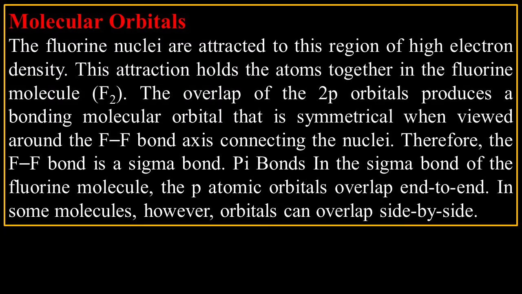The fluorine nuclei are attracted to this region of high electron density. The attraction holds the atoms together in the fluorine molecule F2. The overlap of the 2p orbitals produces a bonding molecular orbital that is symmetrical when viewed around the F-F bond axis connecting the nuclei.